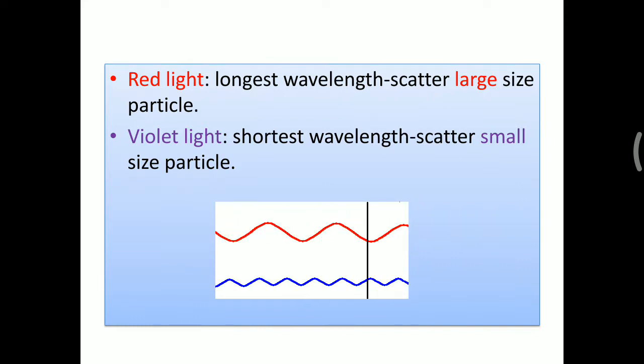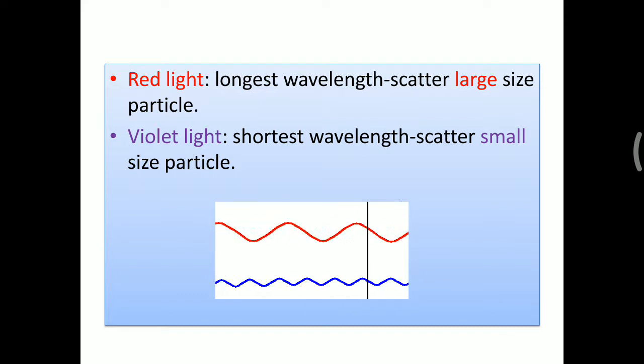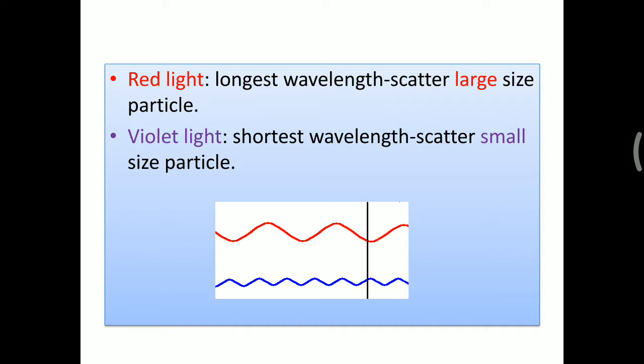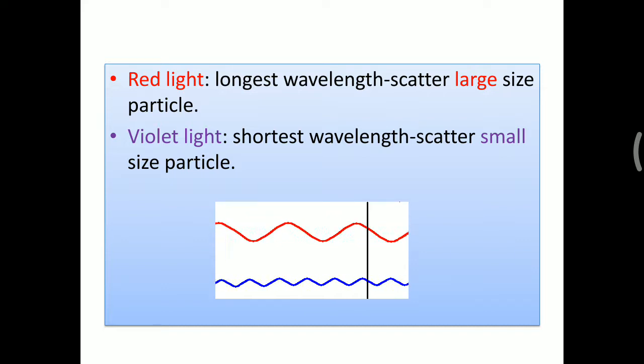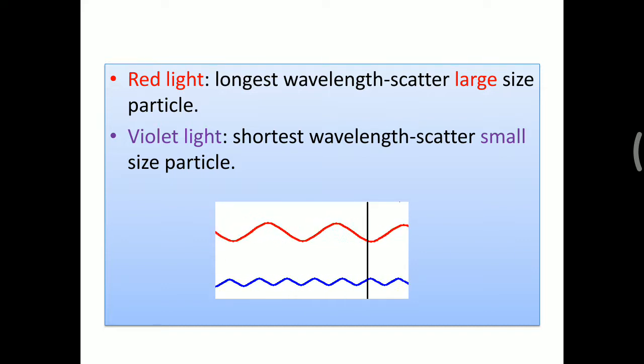So longest wavelength scattered by large size particles, shortest wavelength scattered by small size particles. So what is the meaning of this? If you take two stones, for example, one is large and another one is small.